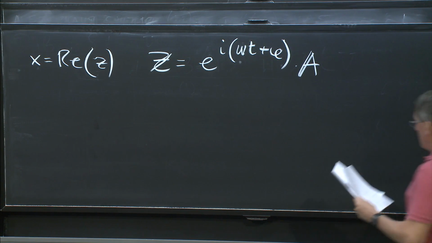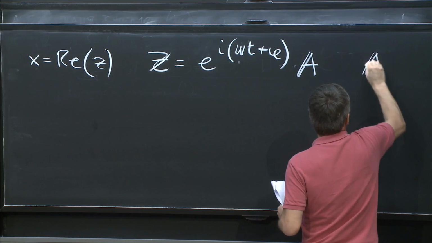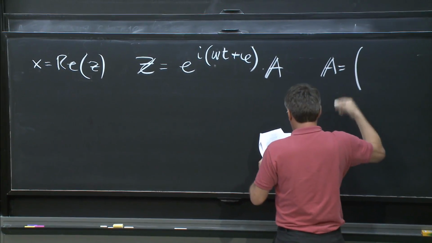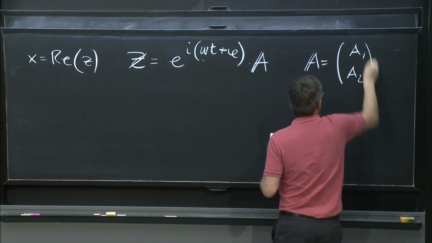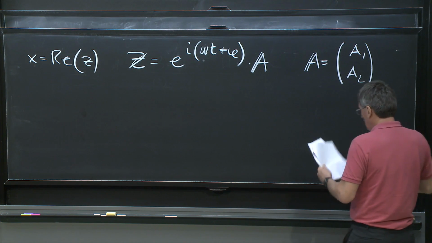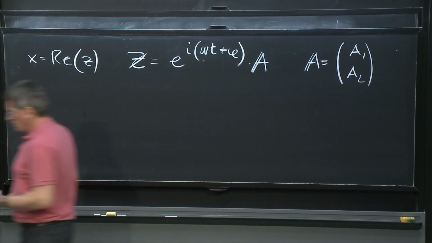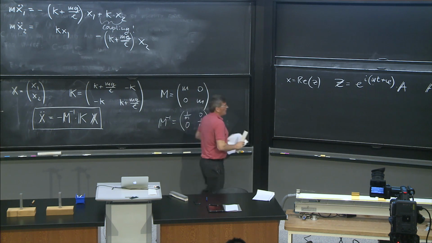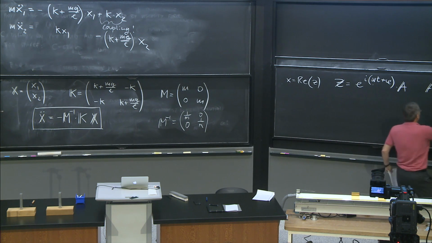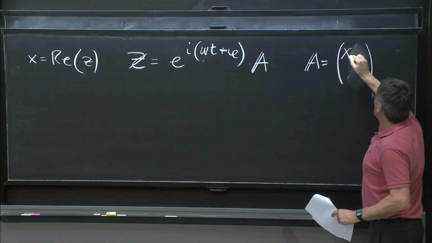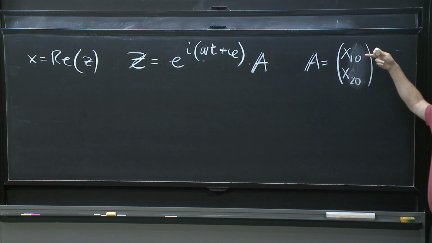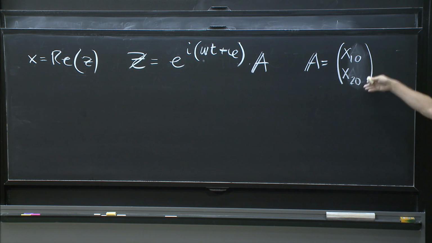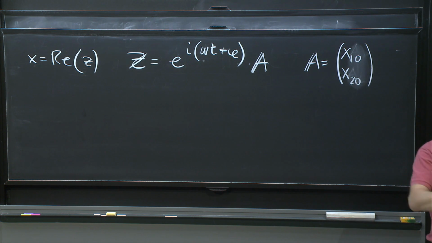And vector A simply has two components, A1, A2. So vector A contains information about some sort of initial conditions for positions x1 and x2. Anyway, these are two constant numbers.